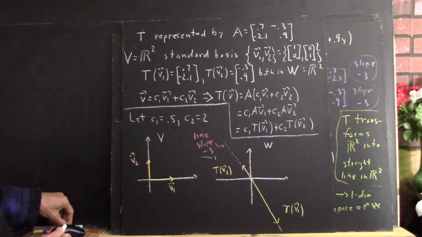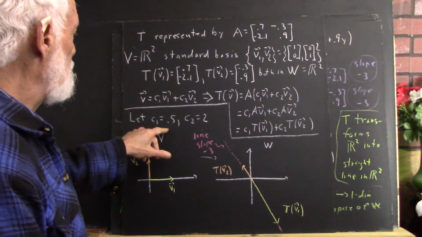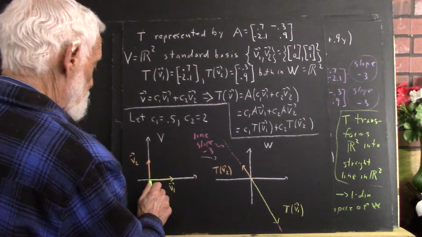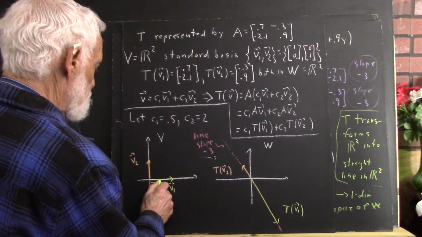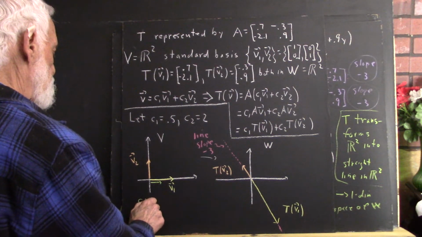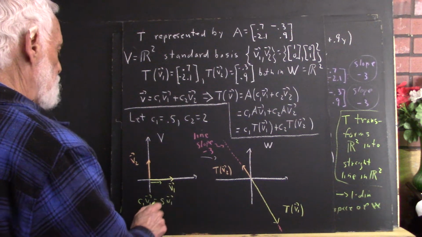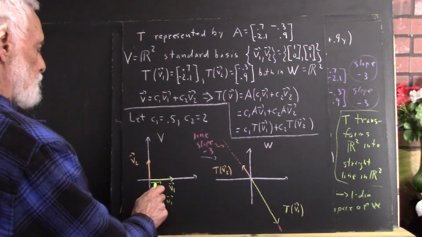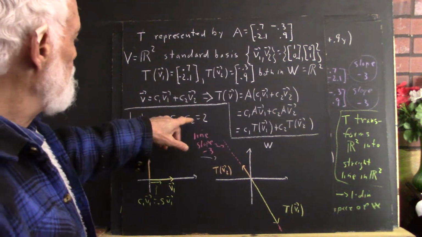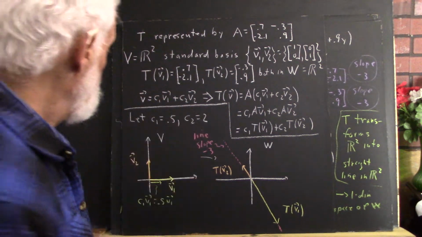Well, first of all, C1 times V1 is just 0.5 times this vector, which means it's going to be a vector that's half as long as this vector and in the same direction. So right here is C1 V1, which is 0.5 V1. C2 V2 is now, in this example, 2 V2.